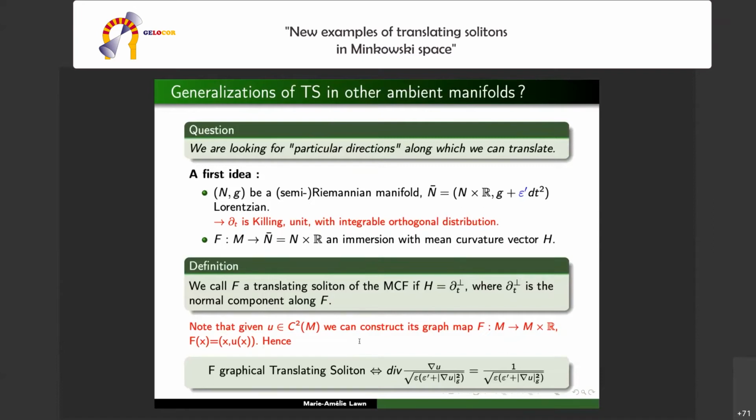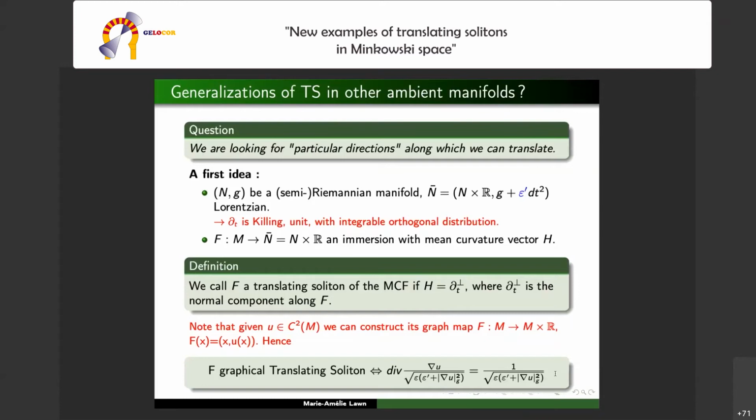So again, as I said before, we can construct a graph map, where this time the dt replaces our vertical axis, and we can compute the equation for this special type of graphical translating soliton. As a matter of fact, in the Riemannian case, this equation is the same as the previous equation we had in the case of R^(n+1).